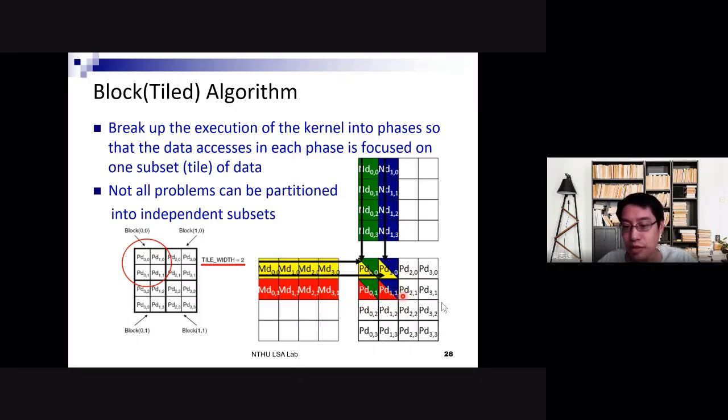Okay, in the worst case, of course, that means every tile, or every partition you try to compute, you have to reload the data it needs from your global memory. Okay, so of course that means you have to load the data multiple times. Okay, and that will increase the number of global memory accesses.